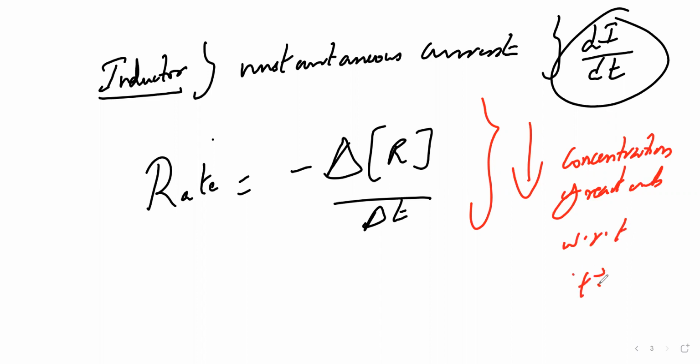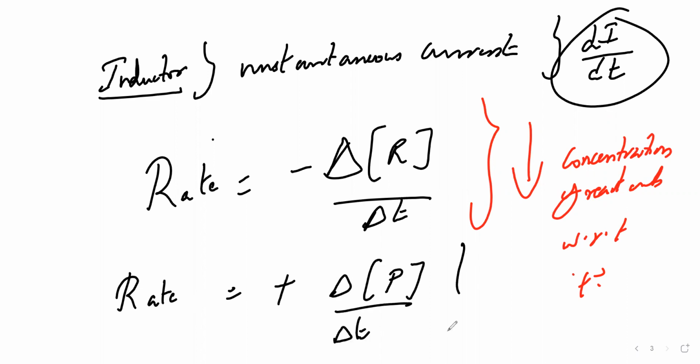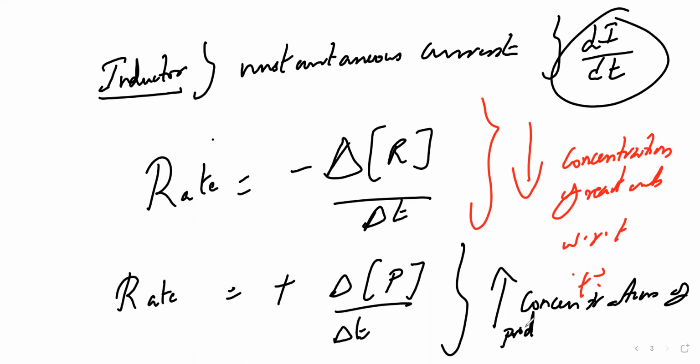If I put plus delta P, so for easy remembrance, I'll just put one more thing. Rate is equal to plus delta of products with respect to delta time. This shows an increase in concentration of products with respect to time.